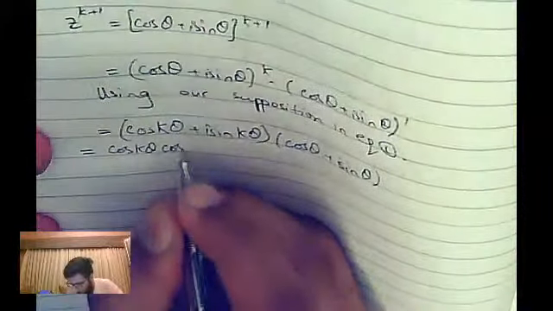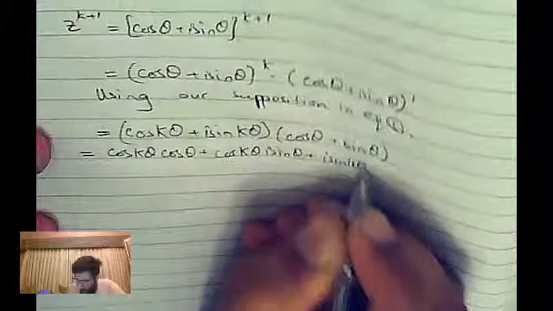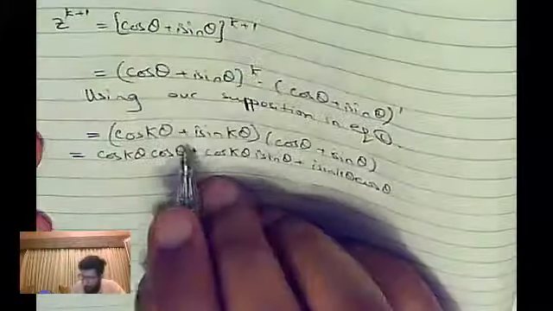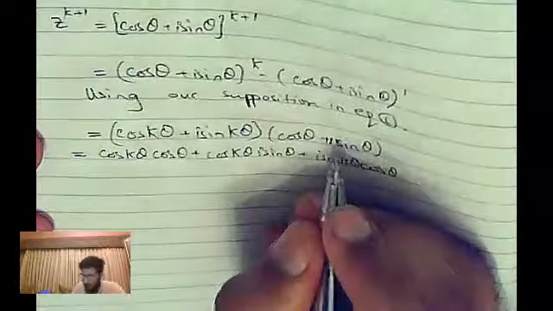And then we multiply the brackets. Every number is to be multiplied by every number. So we have cos k theta cos theta plus cos k theta iota sine theta plus iota sine k theta cos theta plus iota times iota, which is an iota over here.